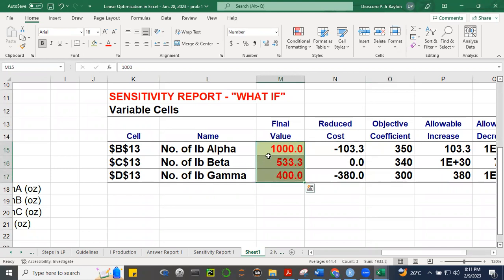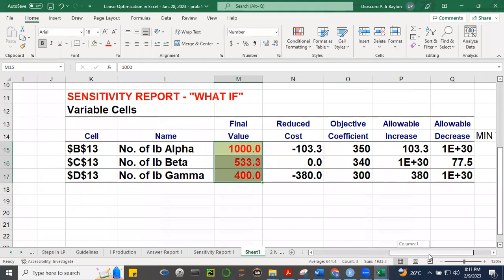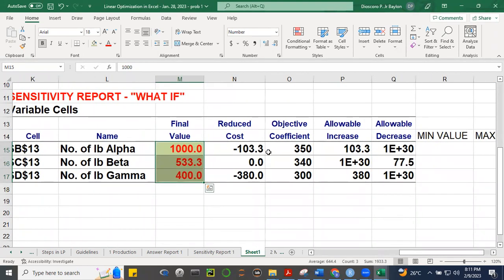So the question is, what will happen to the optimal solution, this one, if one of your objective coefficient changes? Okay, so take note, I'm just saying one of them. So we will first take a look at the scenario where one of them changes. No? Magbabago yung isa, and the others remain the same.